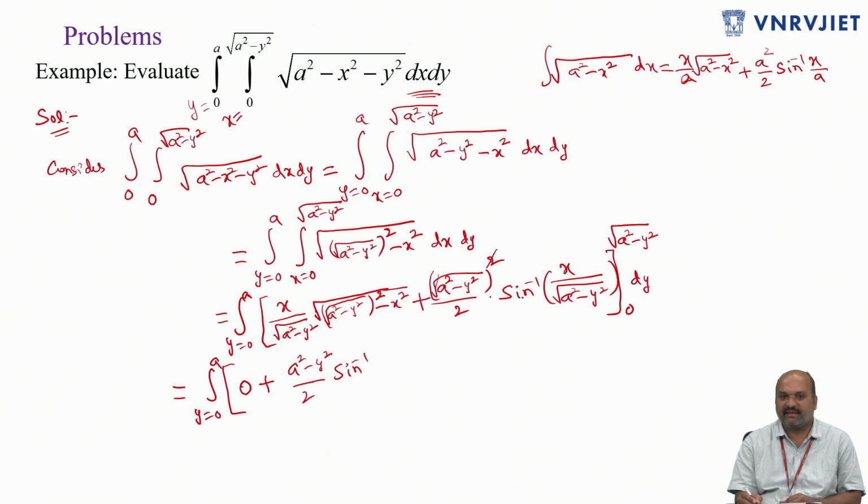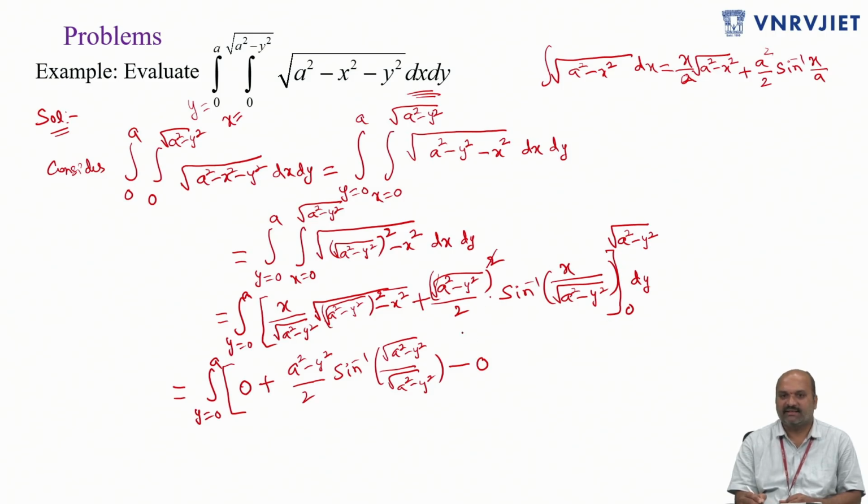What is x here? x is root over a square minus y square divided by root over a square minus y square. Since we are substituting the lower limit, x equals 0. Here it is 0. 0 into anything? 0. So no contribution of this term again. This term does not contribute for both upper limit as well as lower limit.